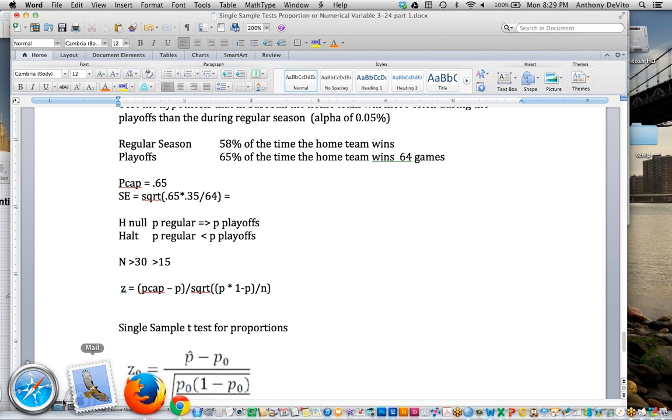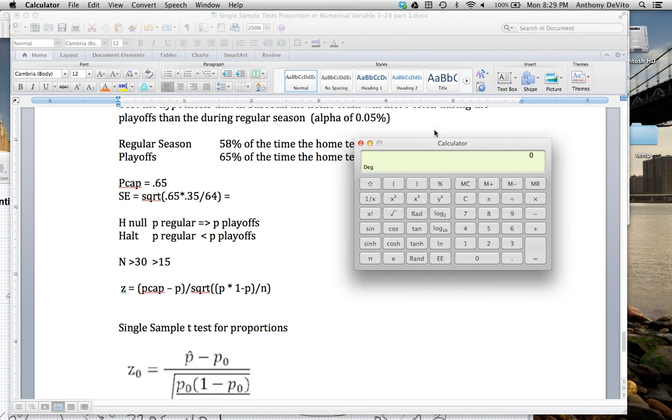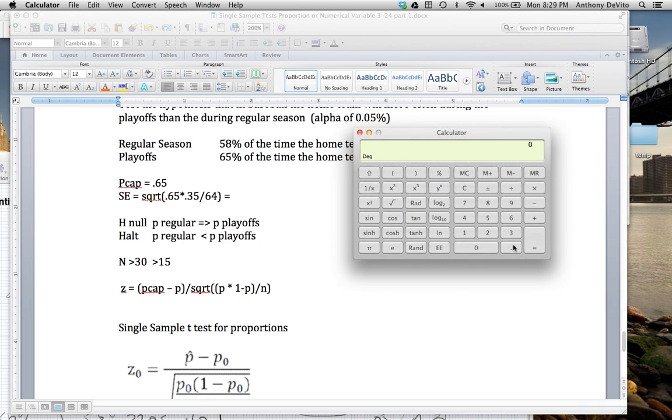Okay, so let's see what that's equal to. I'm going to get my calculator out. I'm going to clear my memory. 0.65 times 0.35 divided by 64, and then I'm going to find the square root of that.